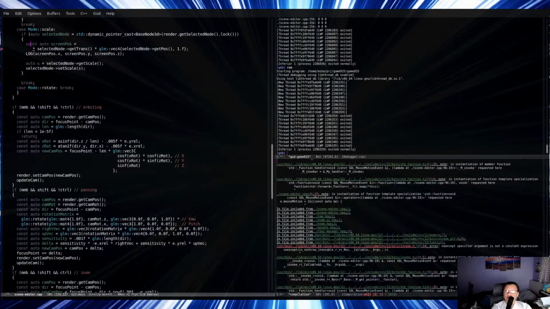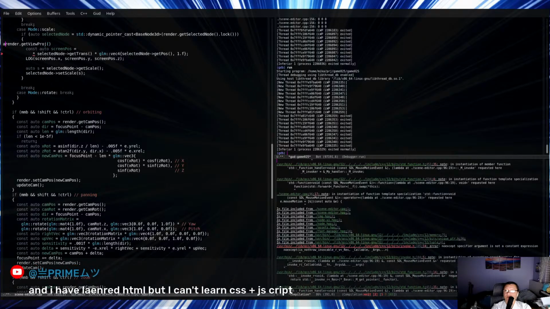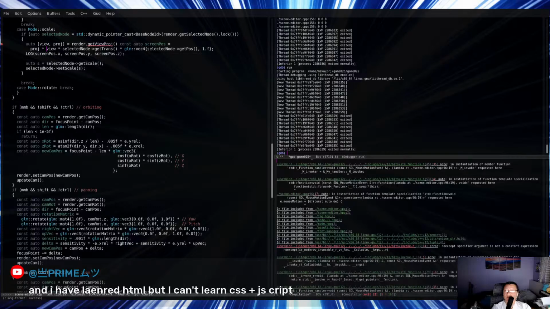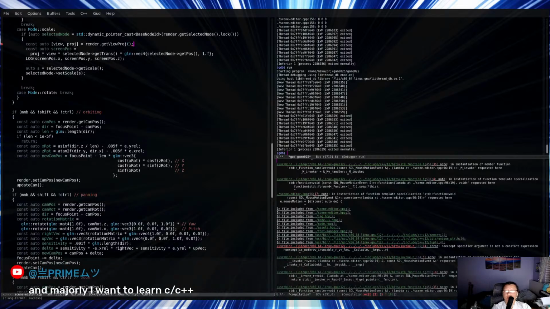So this is view approach, and should be view approach. It's probably const here and semicolon here.